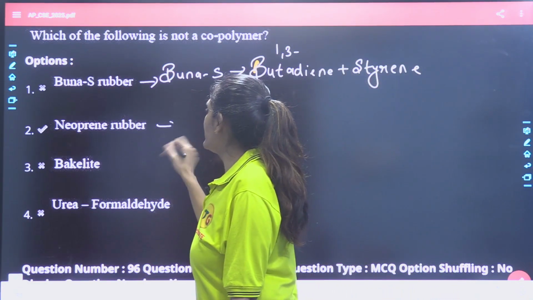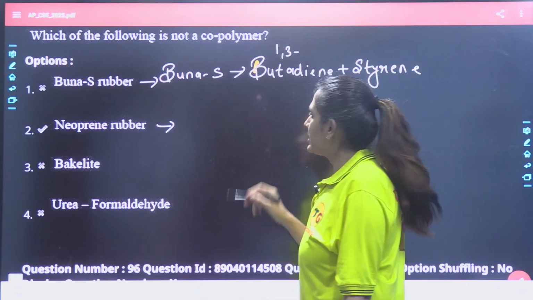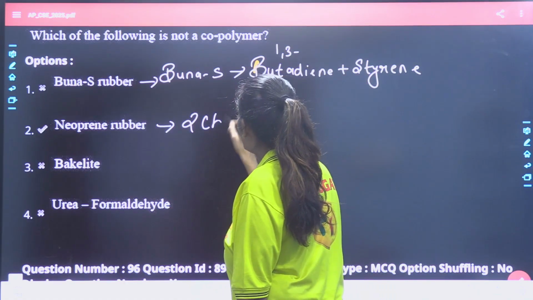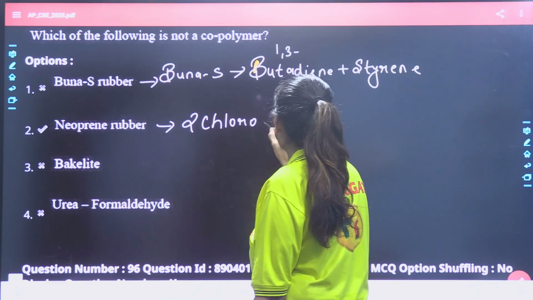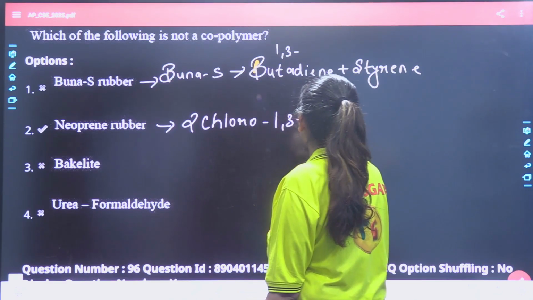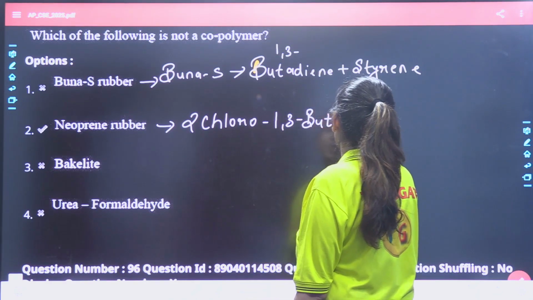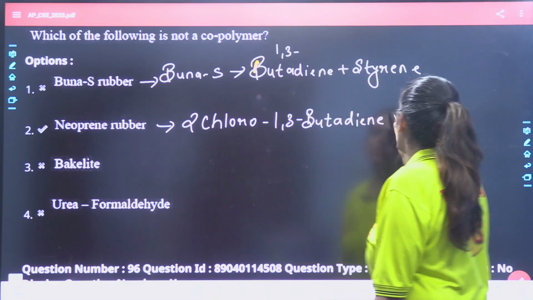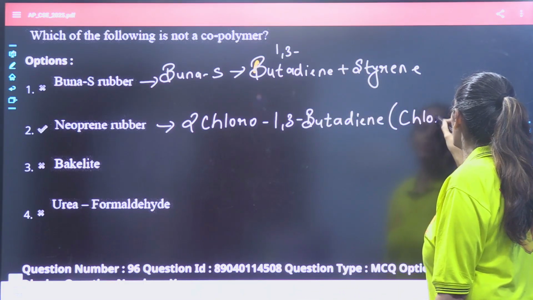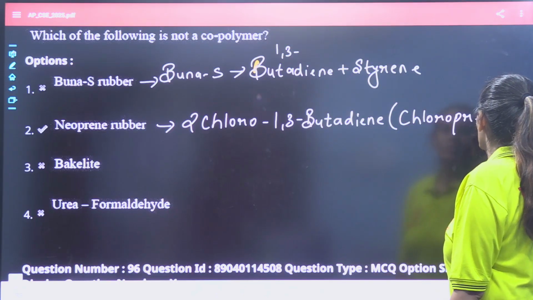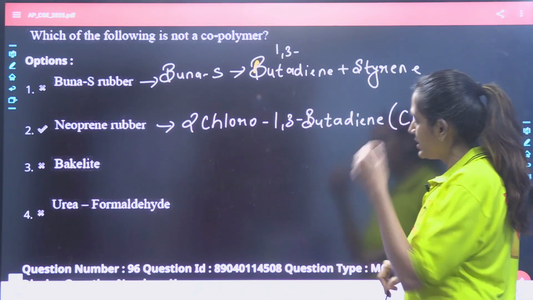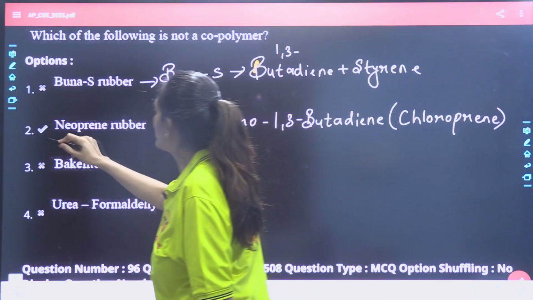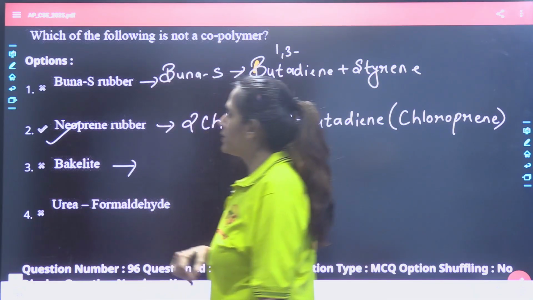Then neoprene rubber, this is not a copolymer. It is simply a polymer of 2-chloro-1,3-butadiene, which is also known as chloroprene. It is a polymer, not a copolymer. So our correct option would be neoprene rubber.